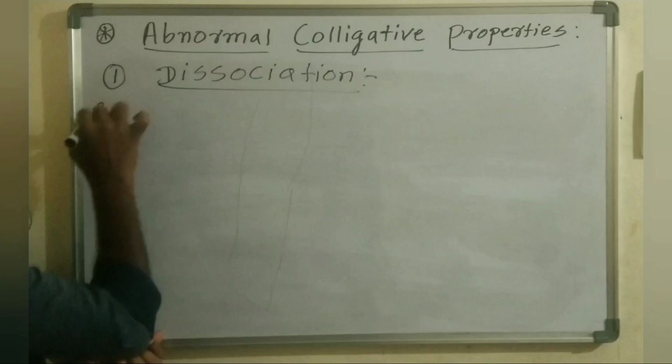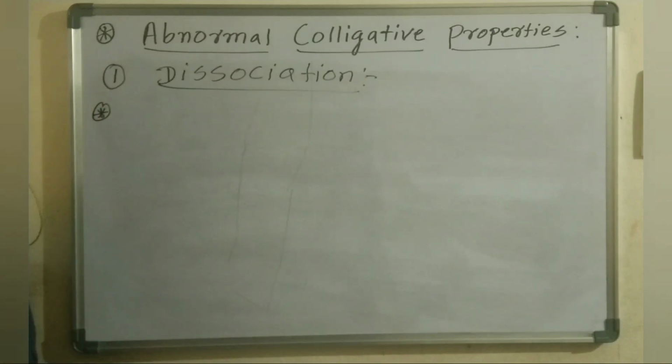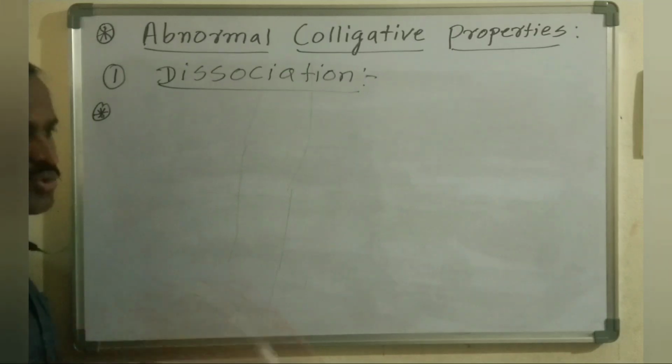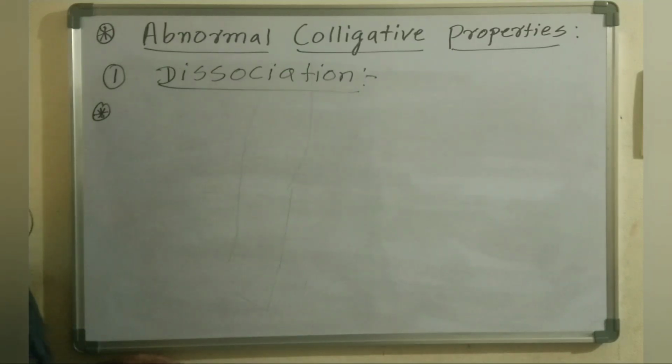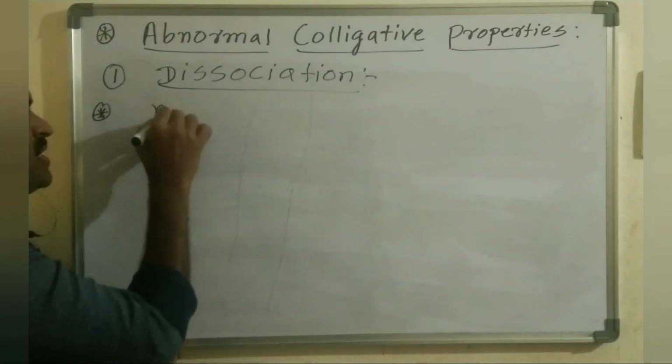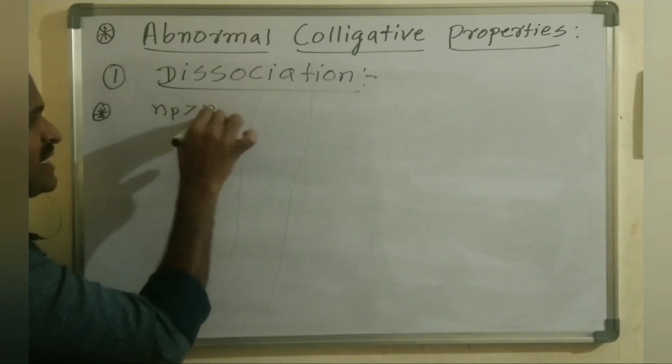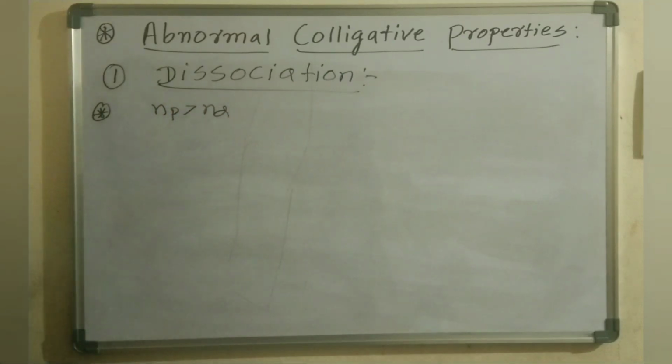The number of moles of solute particles present in the solution increases. At that time, the number of moles of solute particles present in the solution after dissociation, NP, is more than the number of moles of solute particles dissolved in the solution, ND.